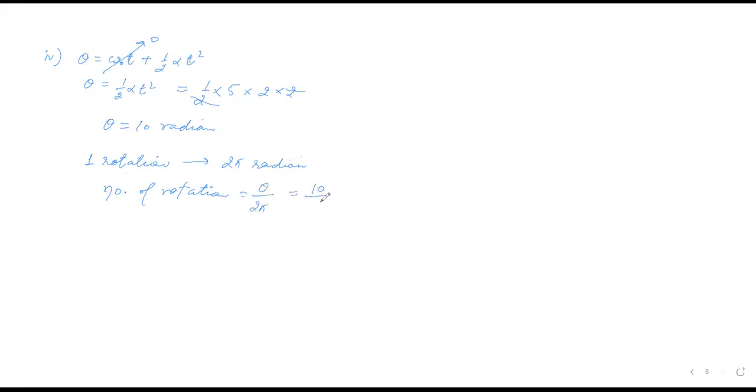Your value of theta is 10, so 10 over 2 pi. Finally, you get 5 over pi rotations. After putting the value of pi, you can get the numeric value. Are you clear? Note it, please.